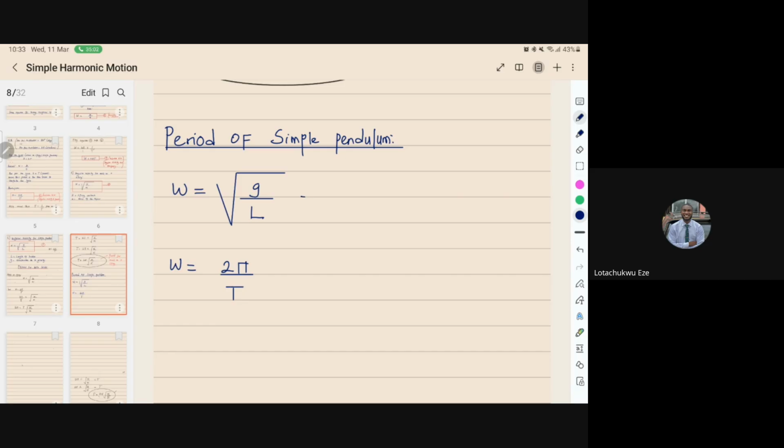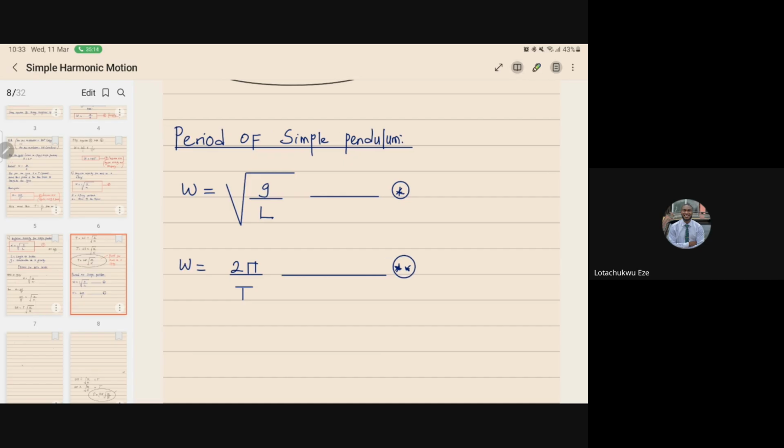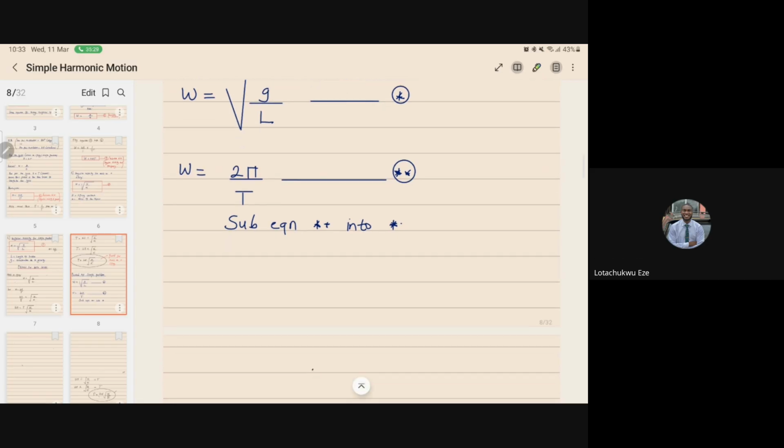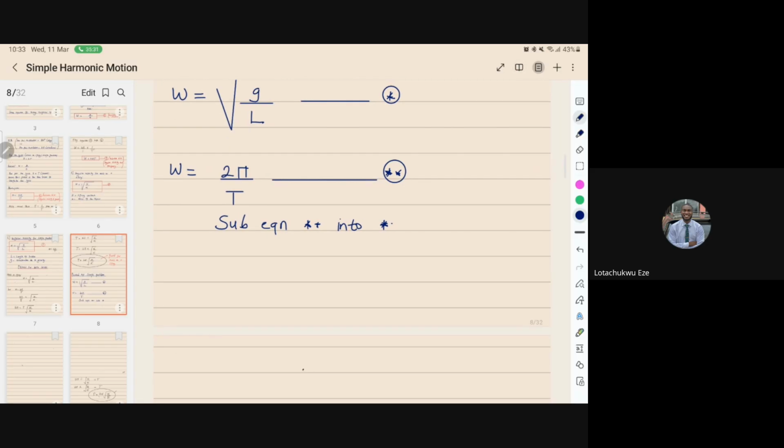Let me call this equation star, and let me call this equation star star. All right, so now we're going to substitute equation star star into star. I know some of you that drink alcohol, your mind is going somewhere now. But the Lord will deliver you.